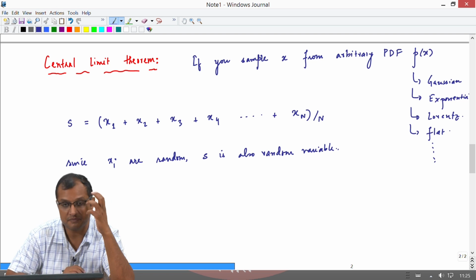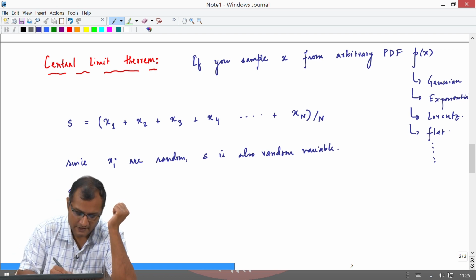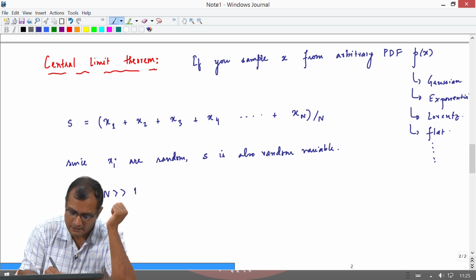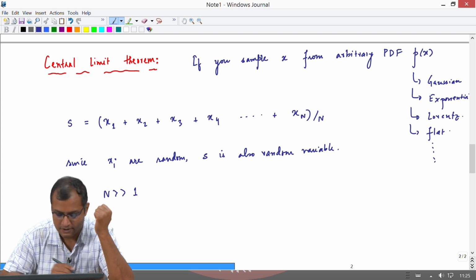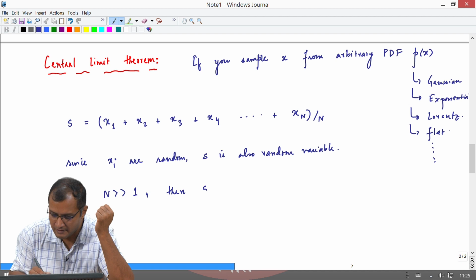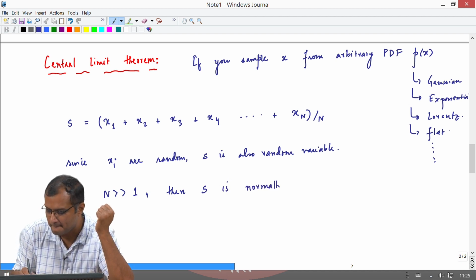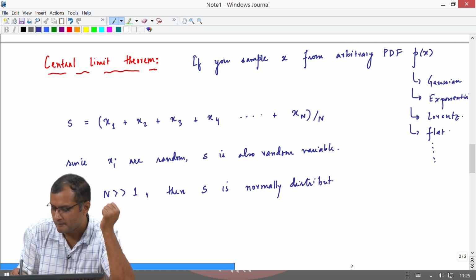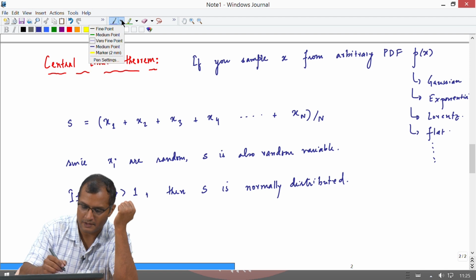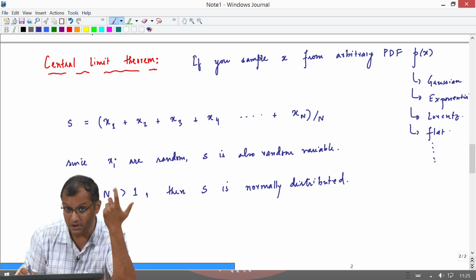Central limit theorem states that if n is very large, okay, the sum of these random variables is normally distributed. Okay. Normally means it is distributed as a Gaussian distribution.